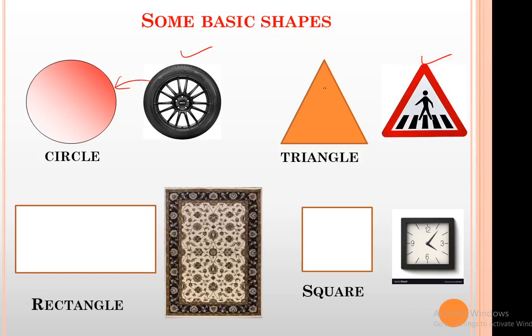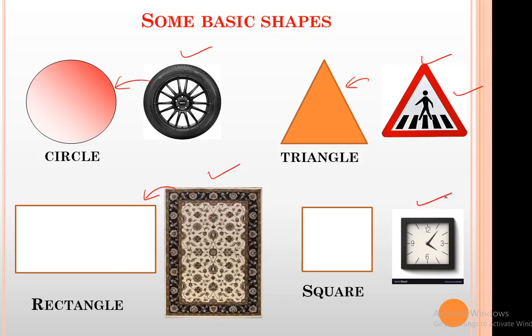Its form is like a triangle. So we can call that the signboard is triangular in shape. The third picture is of a carpet. Now its form is like a rectangle. So we can call that the carpet is rectangular in shape.